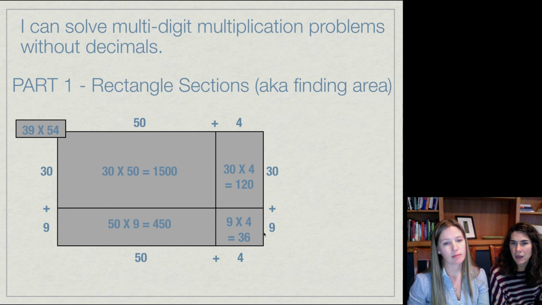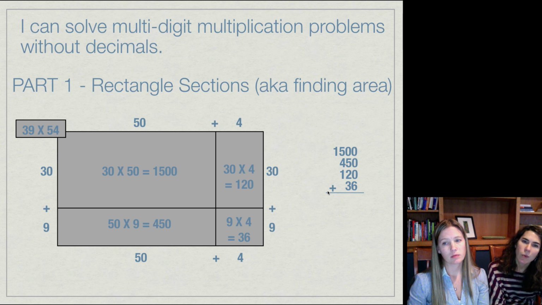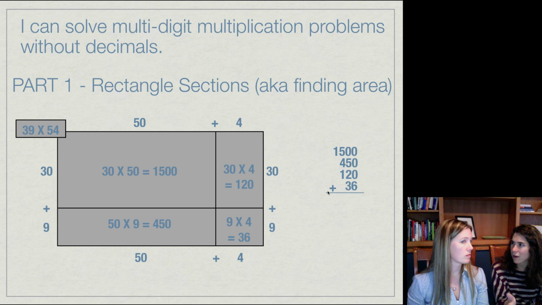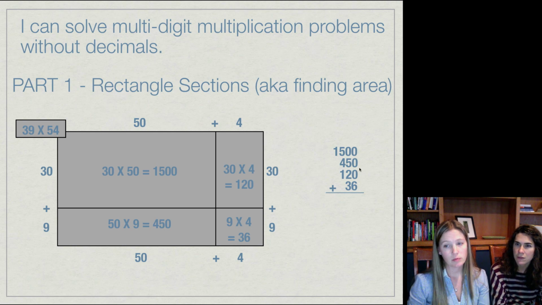Then off to the side, you should just be adding up all your answers of these smaller areas to come up with one final answer. So off to the side, you should have something like this. One thing I want to point out is that it's really important to make sure your numbers are lined up. All of your ones should be up and down right here.